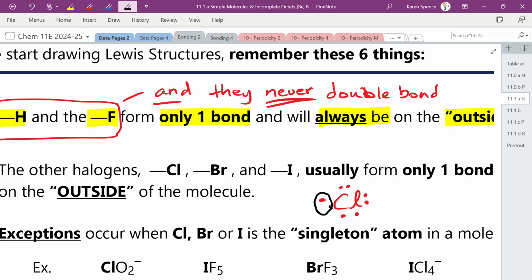Okay. Do you remember those octahedral structures you looked at? The molecular shapes? Octahedral, and then the one with the axis and the equator with 1, 2, 3, 4, 5. Those ones are those expanded octets where you have more than 8 electrons. Yes?